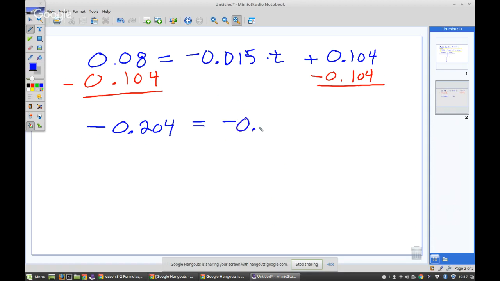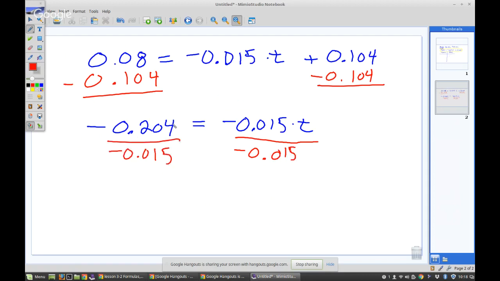And that's equal to negative 0.015 times t. Okay, how do I get rid of that negative 0.015? Yeah, divide by it. So next we'll divide by it and whip out our calculators to help do that. Okay, so now ask your calculator, what does that division give us?